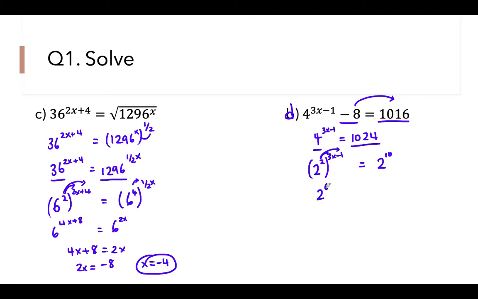So 2 to the 6x minus 2 is equal to 2 to the 10. Now that the base is the same, we could equate the exponents. So 6x minus 2 equals 10. Collect the like terms. 6x equals 12. x is equal to 2. And that will be my final answer.